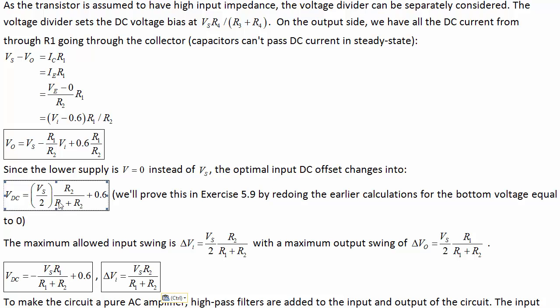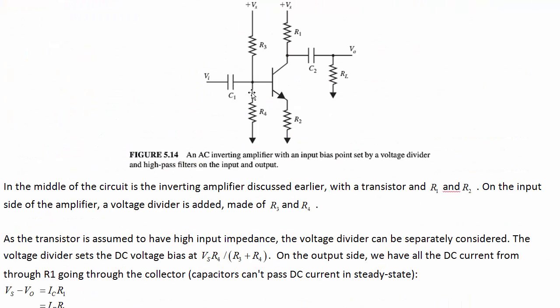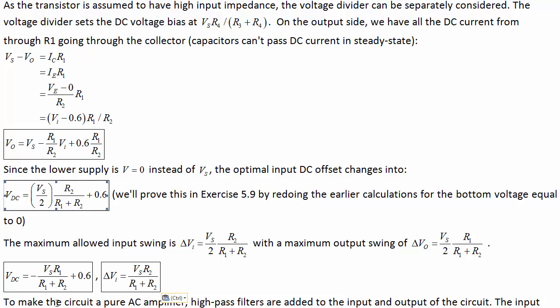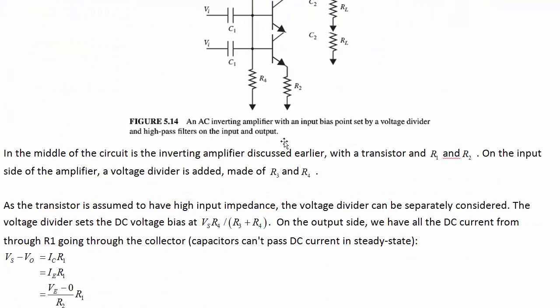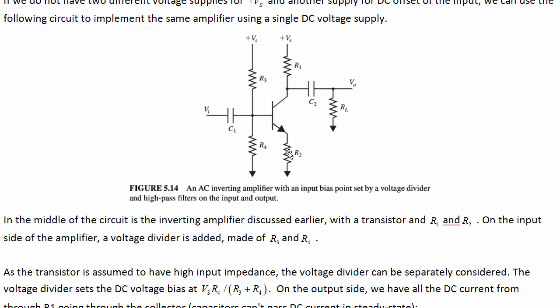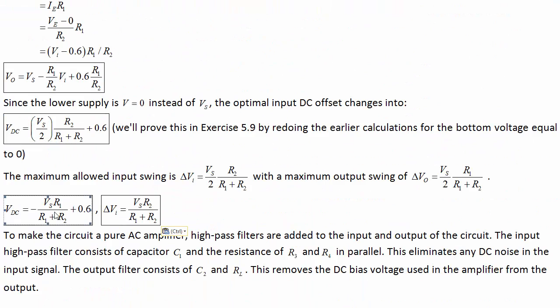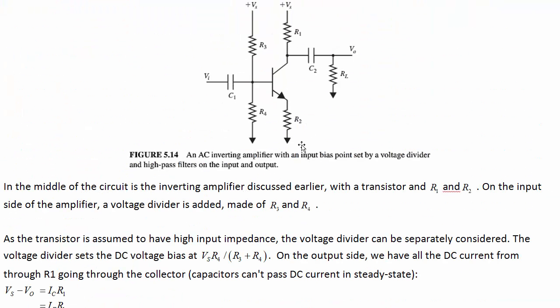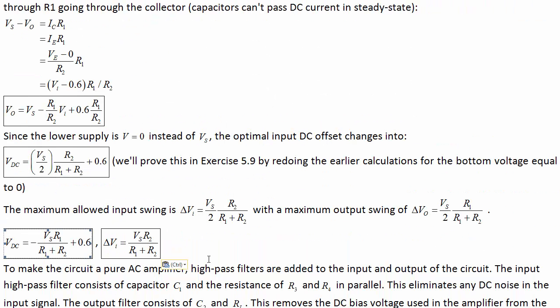Here, though, we definitely don't want the voltage to go negative, because if the input voltage is negative, it would be below the emitter, and so the diode would be reverse biased. So notice that the resistors have changed places here, whereas for large gain, we want R1 much bigger than R2. So before, we had this basically at negative VS plus 0.6. Now R2 is in the numerator rather than R1. So this is kind of a small number, and for a large gain this limits to 0 plus 0.6. So it's still kind of the bottom voltage plus 0.6, but a little bit changed by the value of the resistors. So that makes sense.